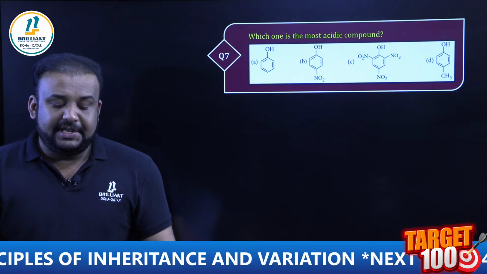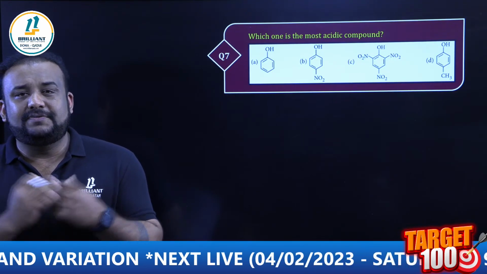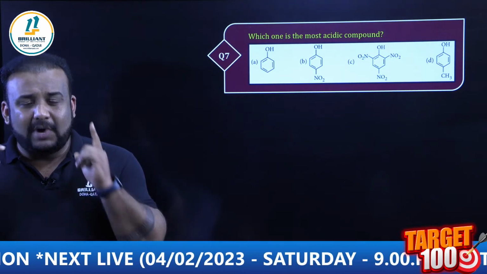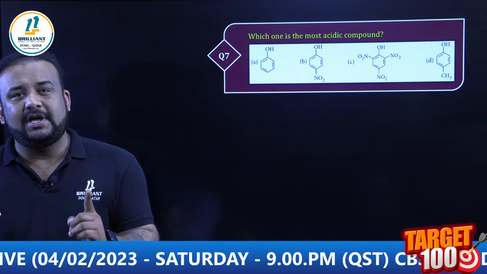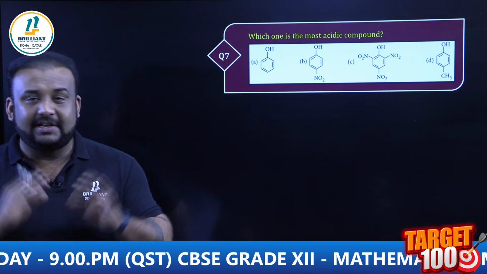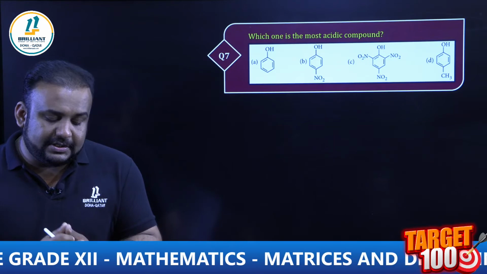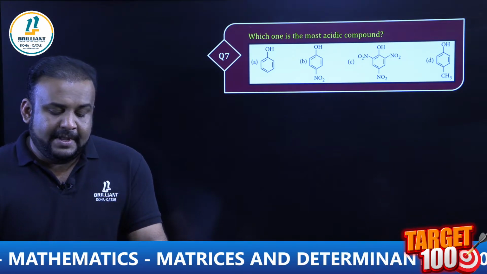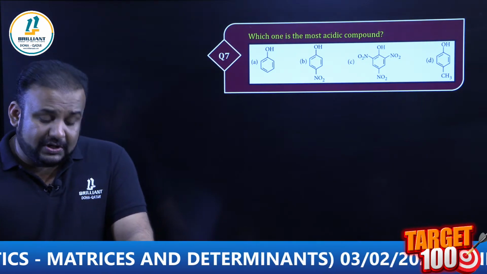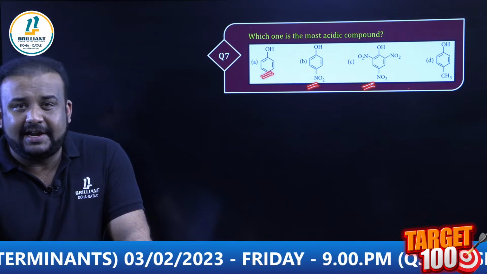Next one. Which one is the most acidic compound? Again, from Alcohols, Phenols and Ethers chapter, one question will surely be related to acidity. So all of you need to have a crystal clear idea about the acidity of alcohols and phenols. So here the comparison is very easy because all of the molecules given here are phenols and their derivatives.